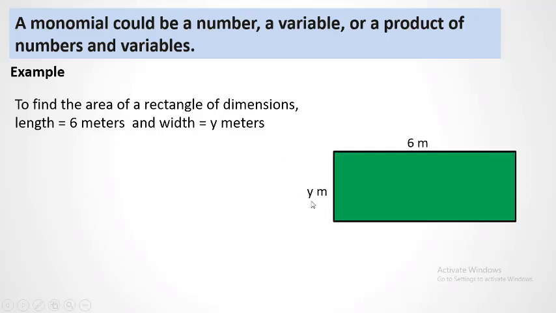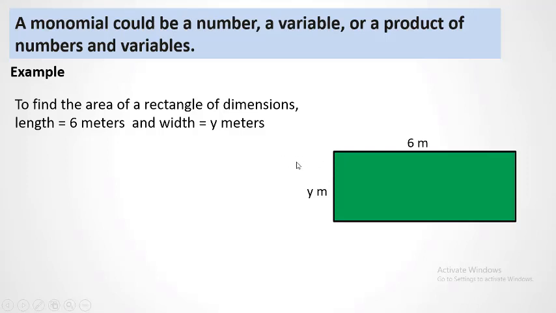The width is y meters. Y is a variable, so the variable is also a monomial, or a product of numbers and variables.